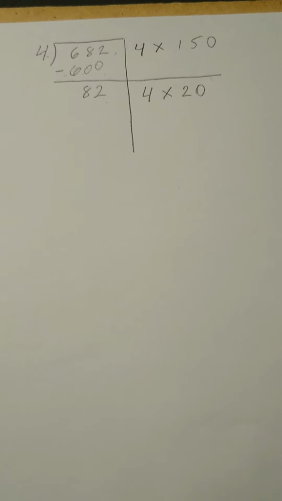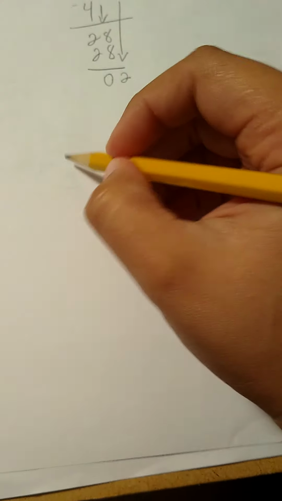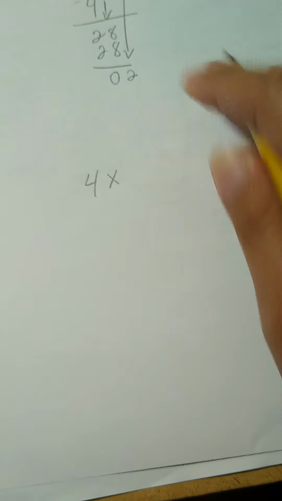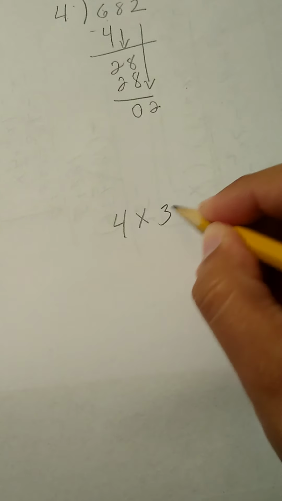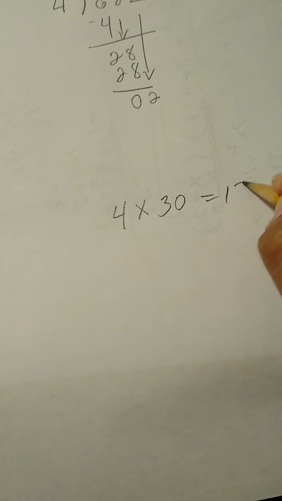Because 4 times 30, if we work in tens, will be 120.